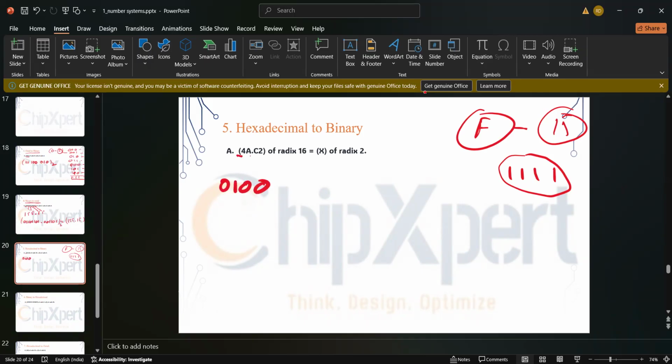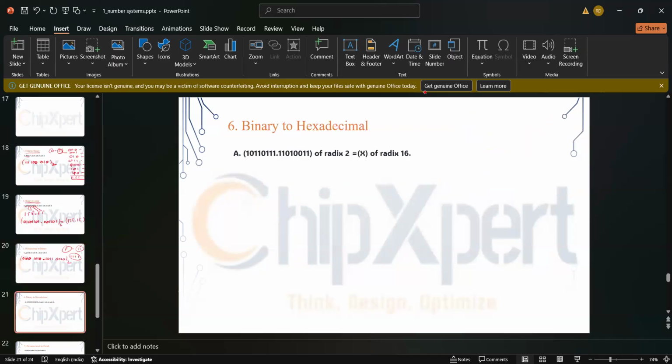And of A? 1 0 1 0. And we have a point here, I'll keep the point. And the representation of C? 1 1 0 0. And of B? 1 0 1 1. And of 2? 0 0 1 0. So this is how we convert hexadecimal format to binary form.